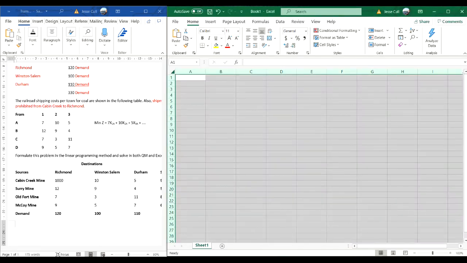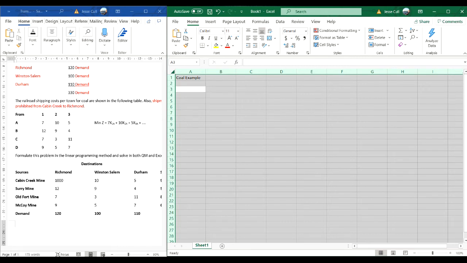Welcome back, everyone. I now have the Excel spreadsheet set up. So what we're going to do is, as always, start with our coal example. And here again, as before with any transportation problem, what we want to do at this point is set up our arrays. So let's begin with that.